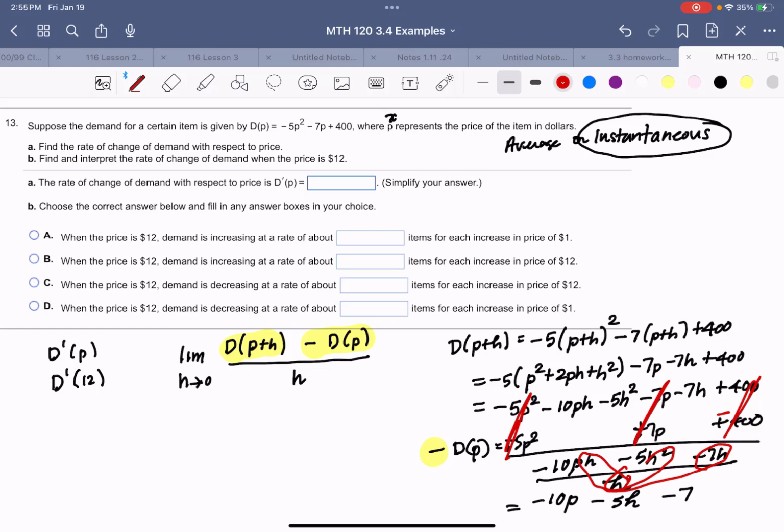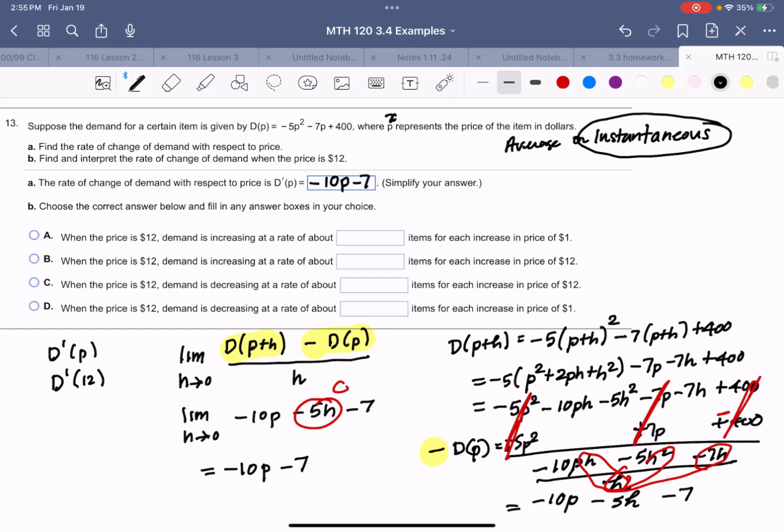So I have the limit as h goes to 0 of negative 10P minus 5h minus 7. And if h is going to 0, that term is going to be 0, so it's negative 10P minus 7. So that's the rate of change with respect to any price that's appropriate for the problem.